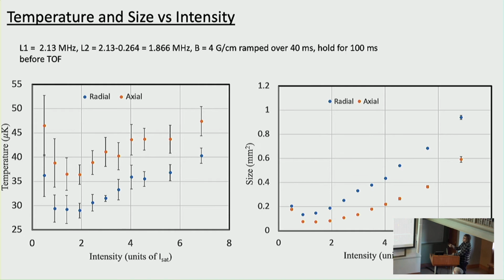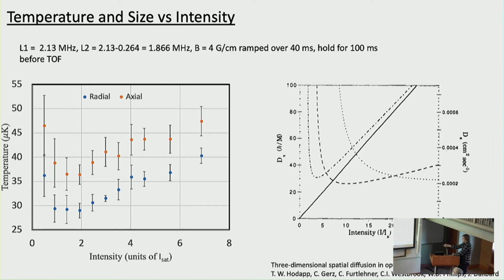The temperature is increasing with intensity, and this is exactly what we expect. We expect the momentum diffusion constant to increase with intensity, and we expect alpha to be pretty independent of intensity and detuning. But interestingly, the size is also increasing, which is going to have some pretty interesting consequences on the spring constant. But you might notice there's this hook and dip when we get to very low intensities, where the temperature is increasing. Well, that's kind of interesting.